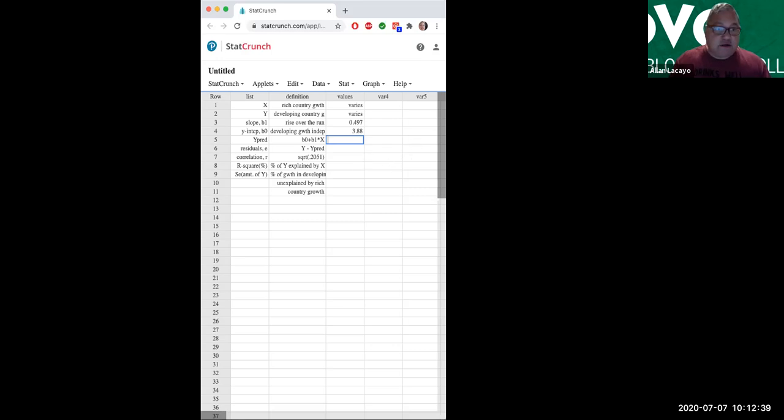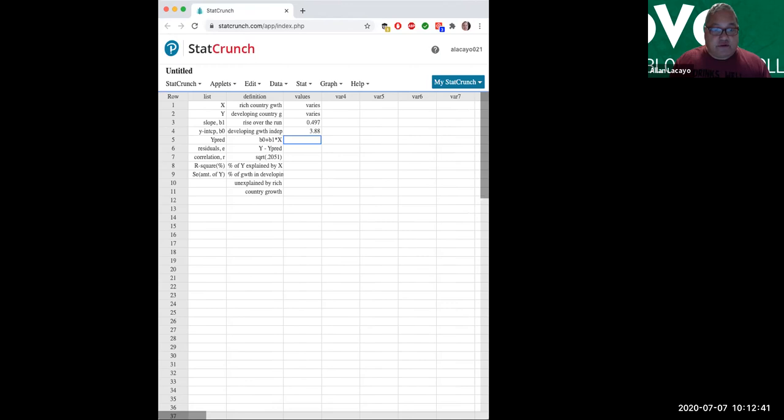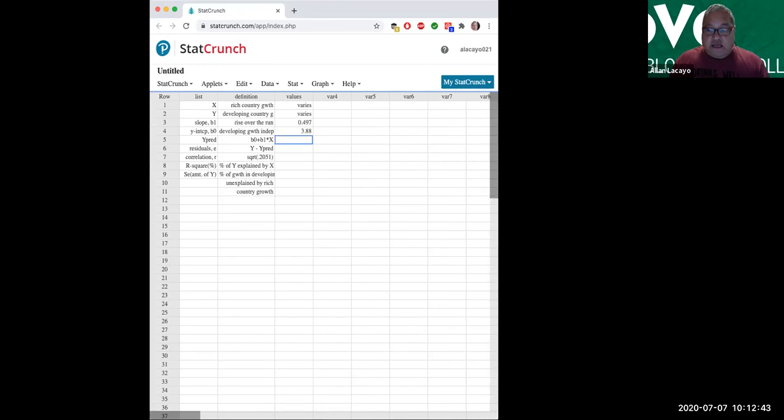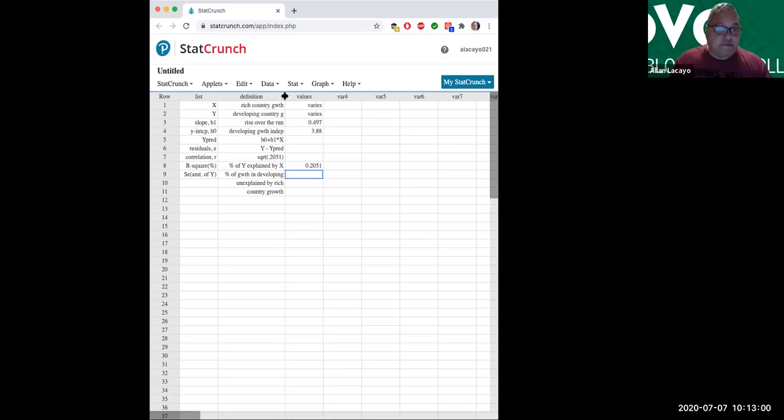So what I'm going to do now is make the window a little bit larger here, and I'll keep adding information. 0.2051 is the R square. 20% of developing economy growth can be explained by the growth in rich countries' economies.